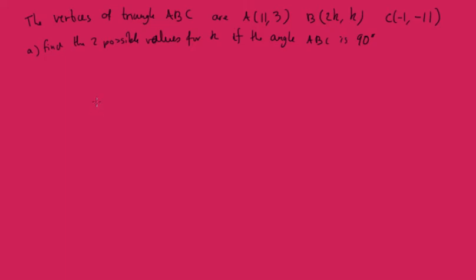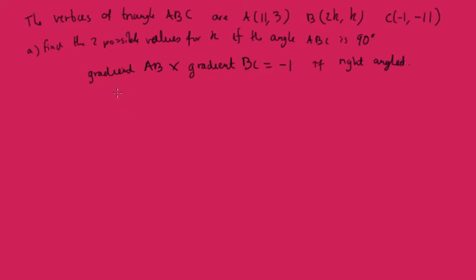So, if it's 90 degrees, we've got a right angled triangle, so the gradient of AB multiplied by the gradient of BC must equal minus 1 if right angled.